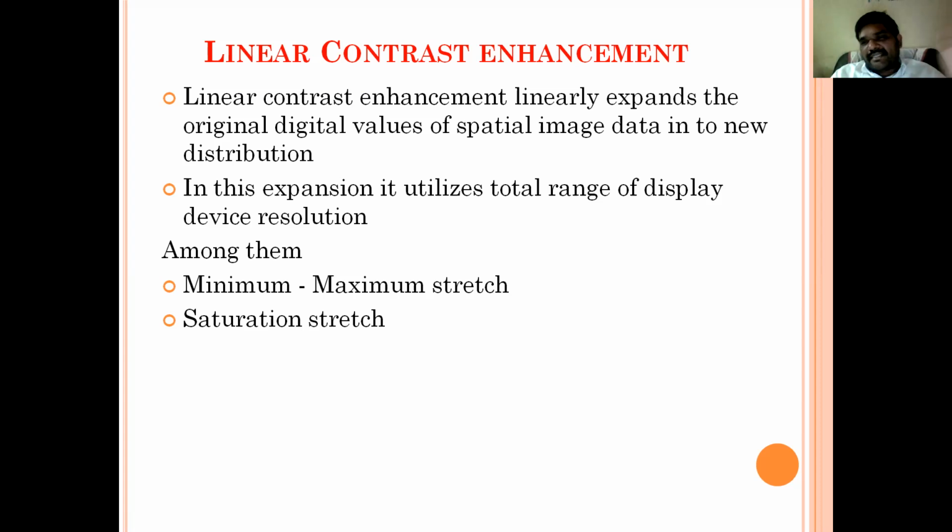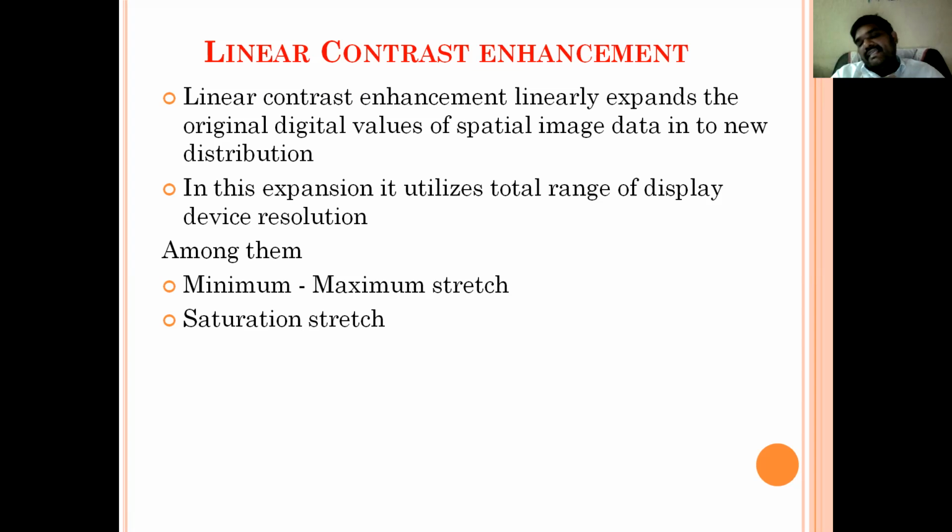By changing the digital number values. The caution is that the digital number values can utilize the total range of display device resolution. While it is expanding, it utilizes the total range of the display device.